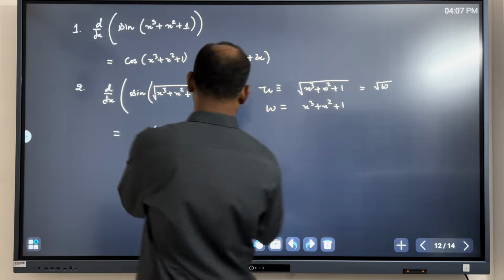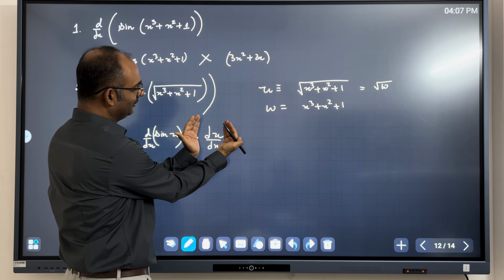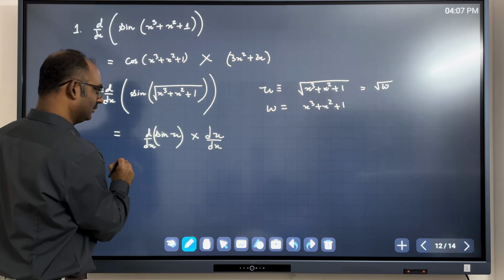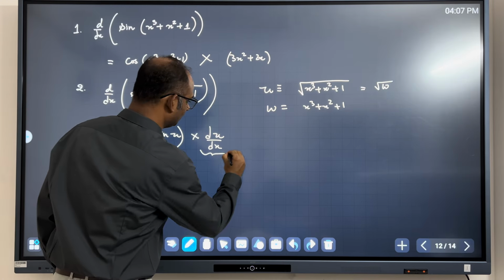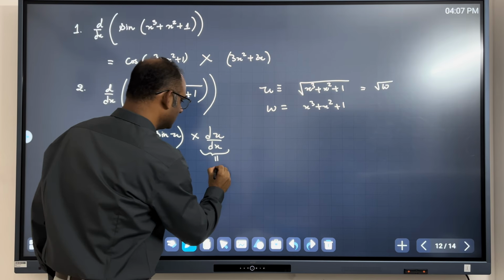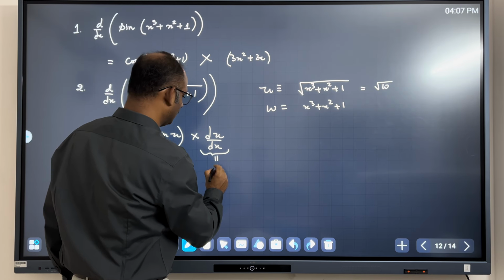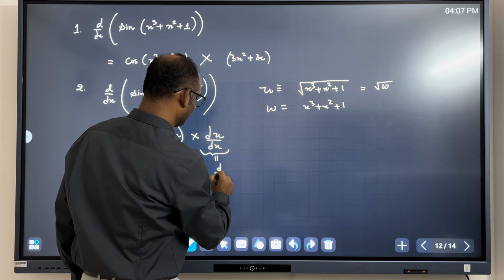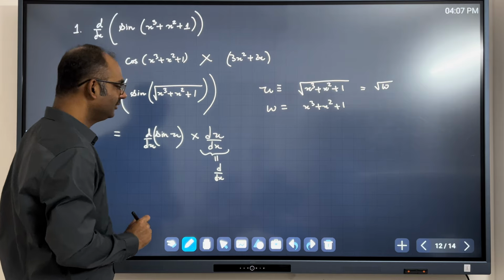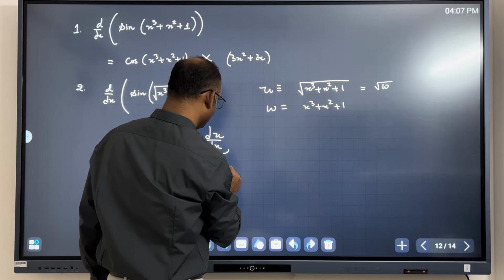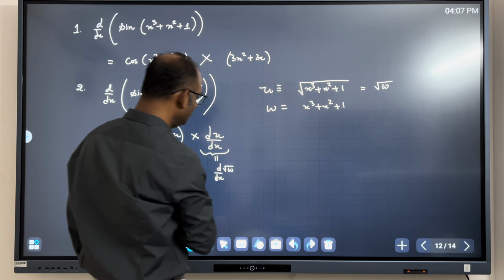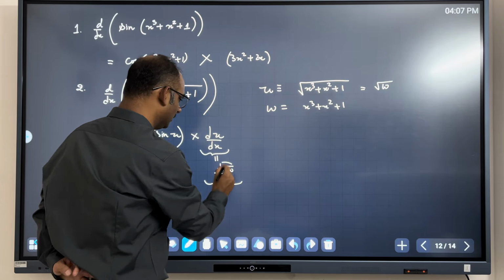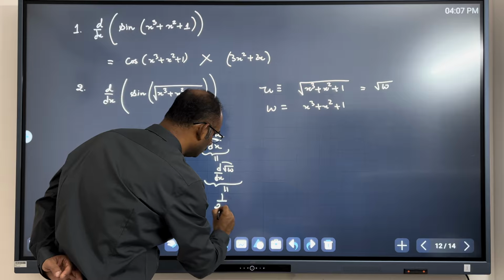Okay. So now again, for this thing I should use a chain rule. So what is du? Let's write one more step. So this part, the derivative of u with respect to x, is basically d over dx of the square root of w, which is 1 over 2 root w.